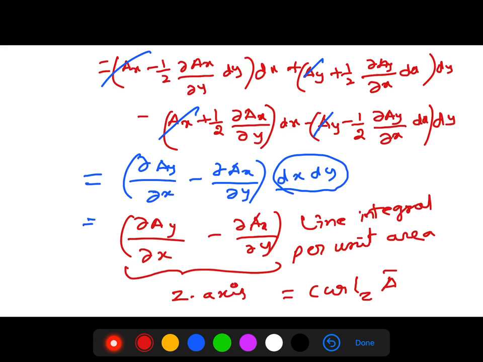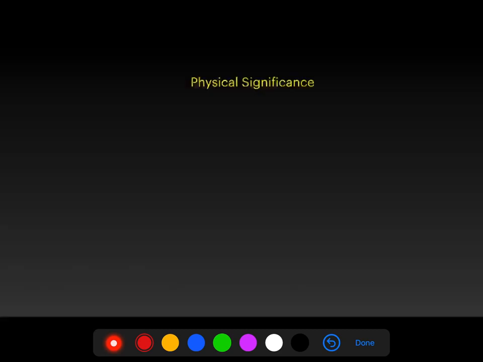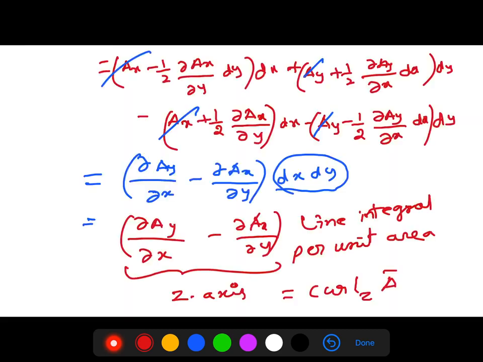Now let us see the similar components. Now we have curl.